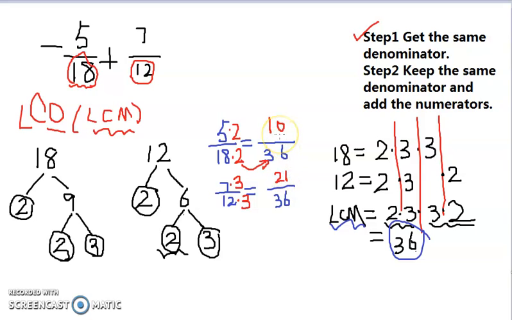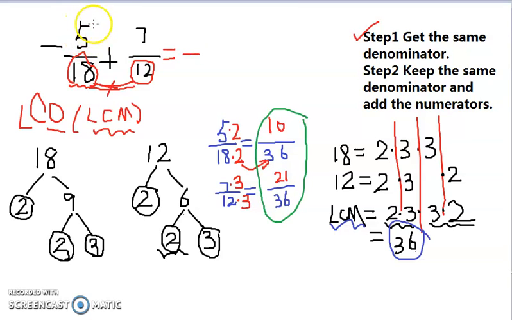Now look at the two new fractions we got. The problem gave us two fractions, 5 over 18 and 7 over 12. We notice their denominators don't match. But now, after we did this, we got two new fractions, 10 over 36 and 21 over 36. And these two fractions have the same denominator. So we go back to the original problem to change these two fractions given. The negative sign, we keep it.